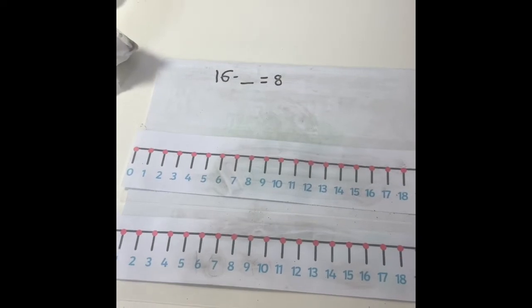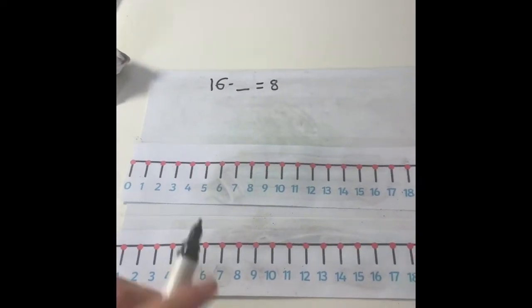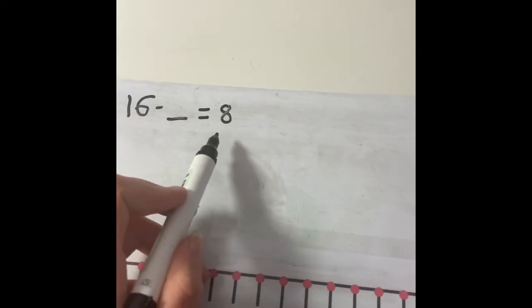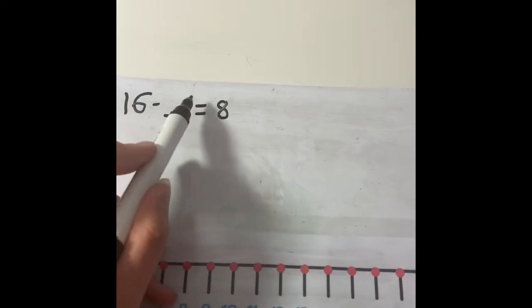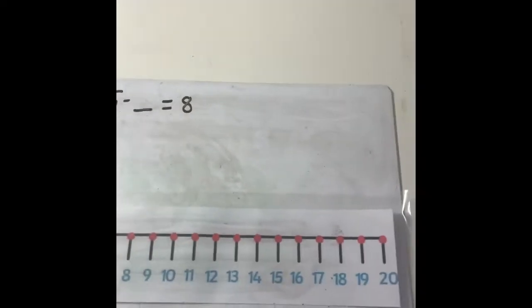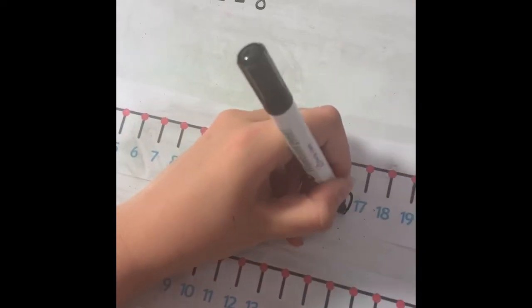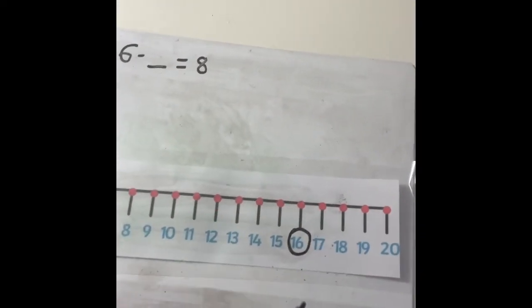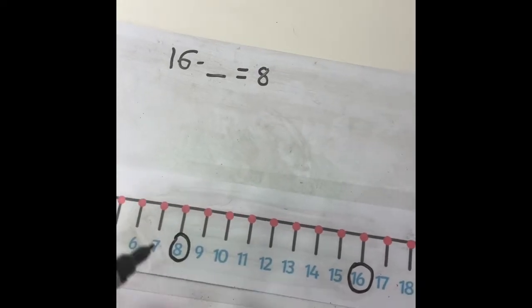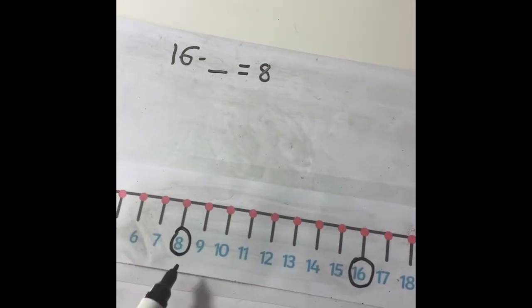Okay, so this one is a different style question, because it has given me the biggest number, but it's given me the answer as well, and I've got to work out what they have taken away to get to that answer. So, we do as we always do. Circle the biggest number. But now, we already know the answer, so I'm going to circle that one as well, because we know we need to get from here to here.